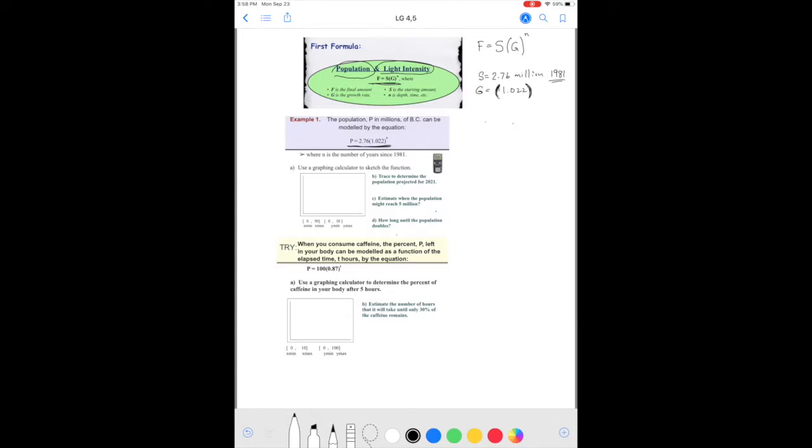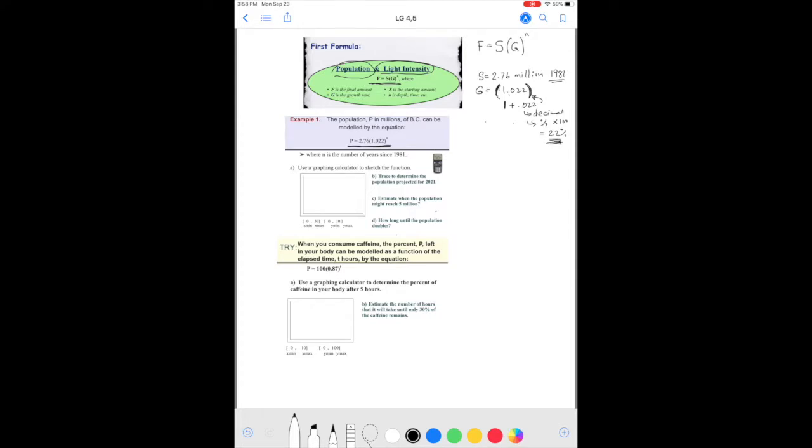So the growth in this situation, because you always start with 1 and then you add decimal 022 to get to that, we turn this decimal into a percentage. So we just times by 100 and we get 2.2%. So if it asked you what is the population growth of British Columbia, we would say it's 2.2%. Okay, so you have to understand that in the formula.